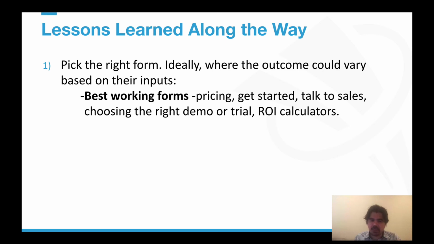The idea is that the information they give you will either result in a better filtered choice presented on the website, or it's passed along to someone who will use that information to provide a better quote, have a better discovery conversation, or help them get to the answer quicker. The whole idea is an exchange: I provide you more information, you provide me with a better outcome or better guided experience. So that's one lesson learned.